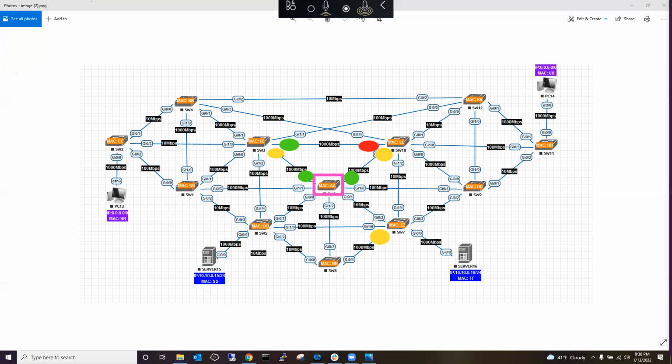So it's actually better to go that route instead of going directly, even though the direct cost is 100 while the other route costs 8. So basically that's a better route. Okay.